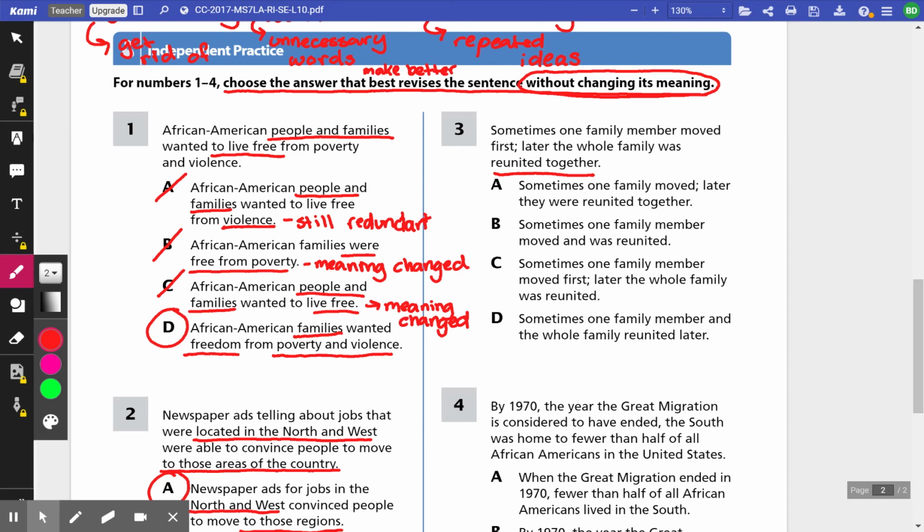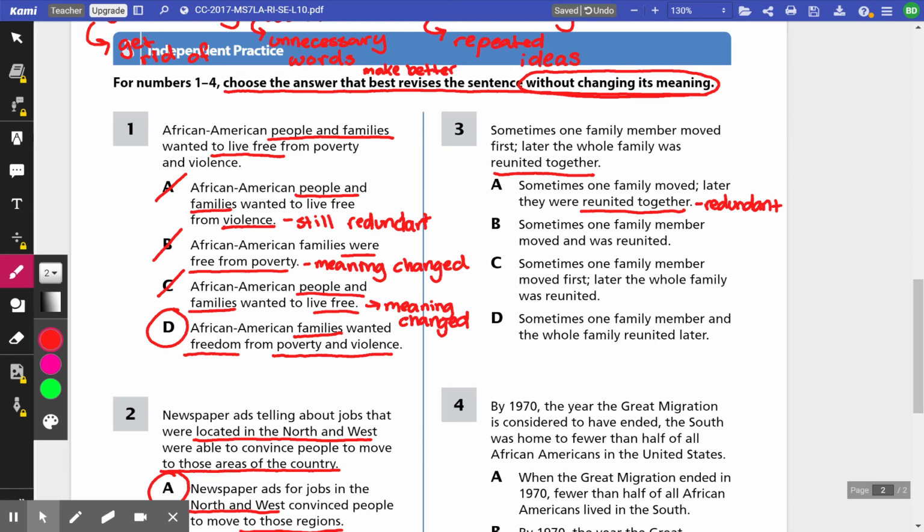Later, they were reunited together." Well, they still kept this phrase, right? Reunited together. We've already said that this is redundant and that it needs to be changed because reunited and together basically mean the same thing. So they didn't get rid of the redundancy.